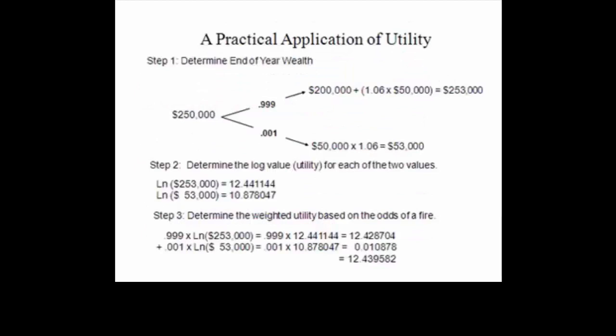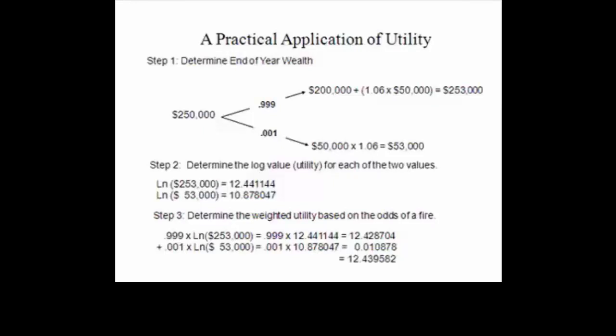Step 1 is the determination of the year-end value for the two cases with no fire versus having a fire. The homeowner has $50,000 in cash in either case, which can be invested at a 6% return. However, the 50-50 odds that we discussed in the prior example are now changed to a 99.9% chance that the house will not burn down and a 0.1% chance that it will.